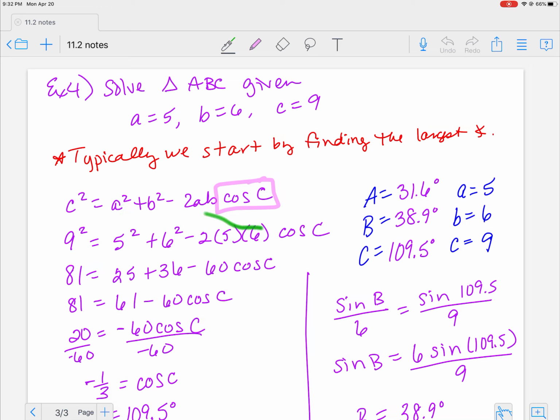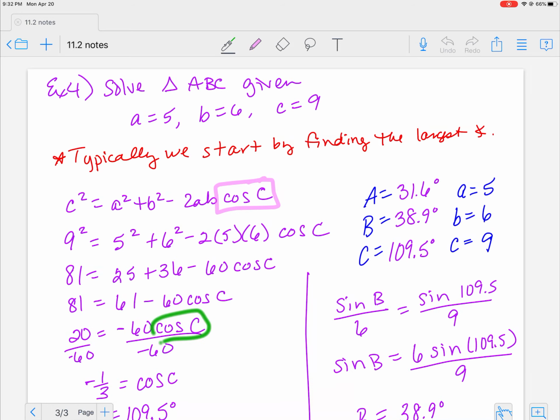So A squared, B squared, 2AB, and then this is still what I'm focusing on to get to. 25 plus 36 is 61. 2 times 5 times 6 is 60. Once you get this, you subtract 61 from both sides, which is going to give me a 20.